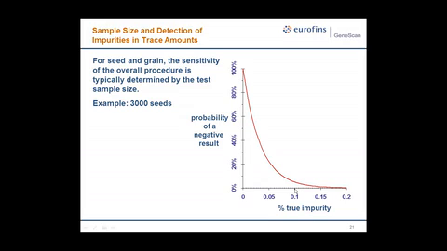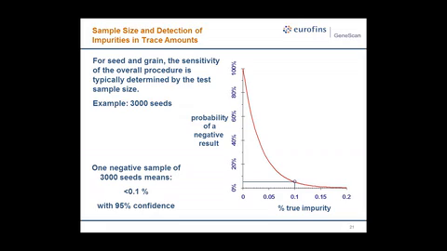So here's your 0.1% impurity. And you look where that intersects your other axis. And this is how you derive the statistics behind this particular sample. So 3,000 seeds at less than 0.1% with 95% confidence.